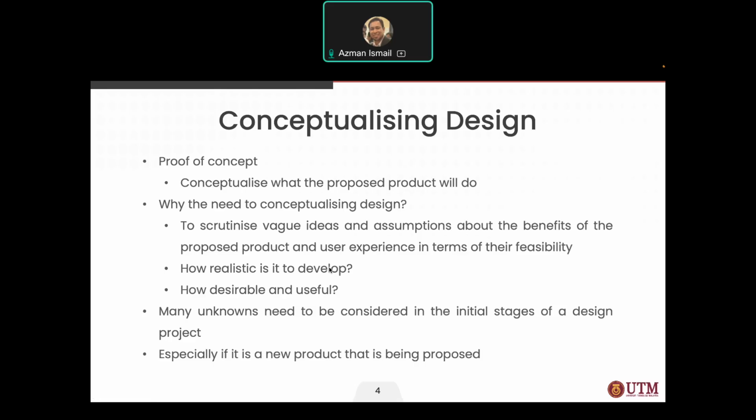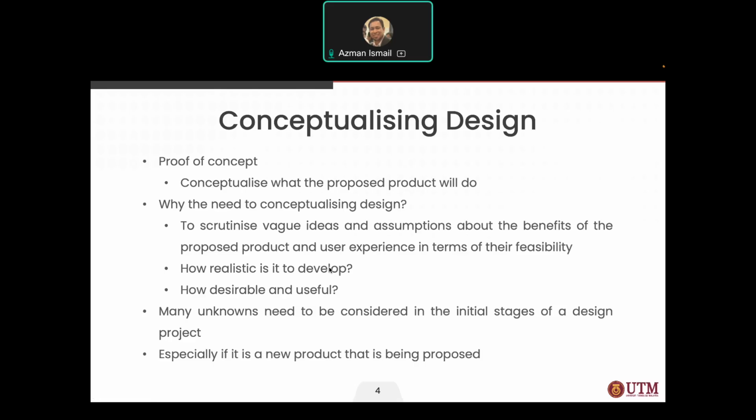Conceptualizing design. Why do designers not just start building? Okay, you as a designer of the software, would start designing without looking into the background of it. Why don't designers just start building? Because if we jump straight into coding or drawing the interface, we design based on assumption.